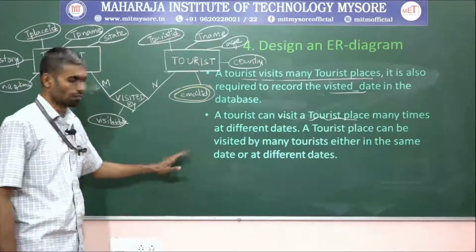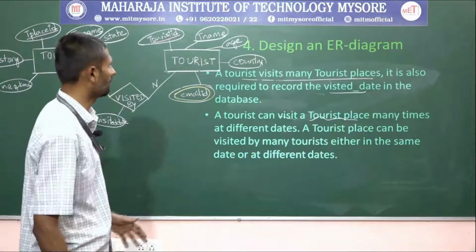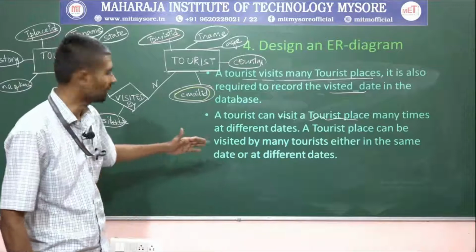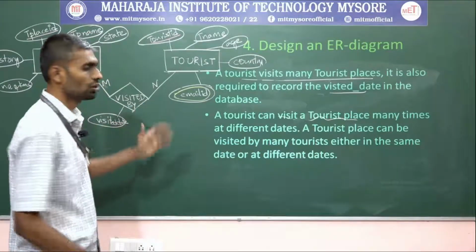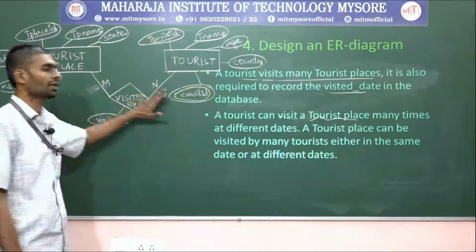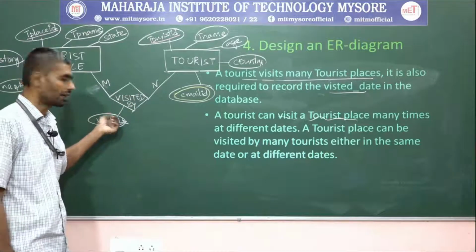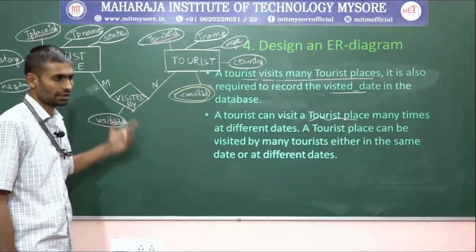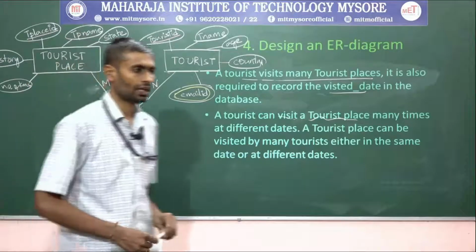And that's all, almost all statements we have covered for this scenario. So the whole scenario consists of only two entity types and one relationship type, and one attribute which is connected to a relationship type, right?